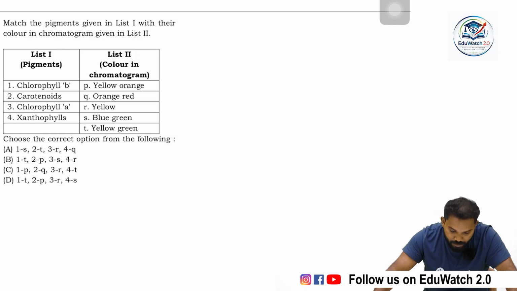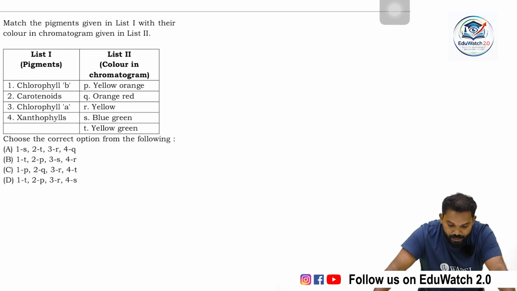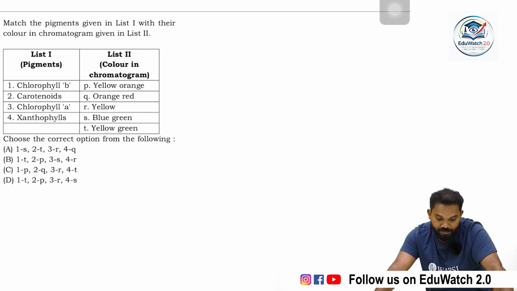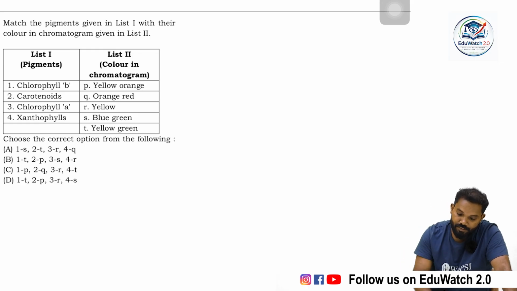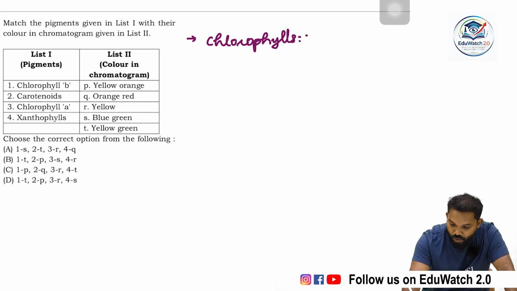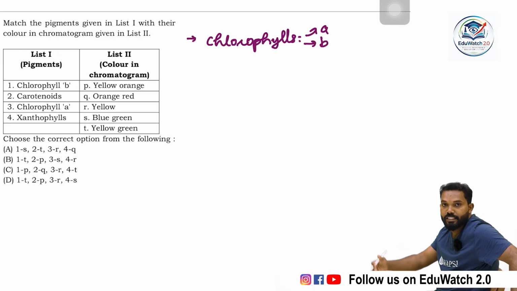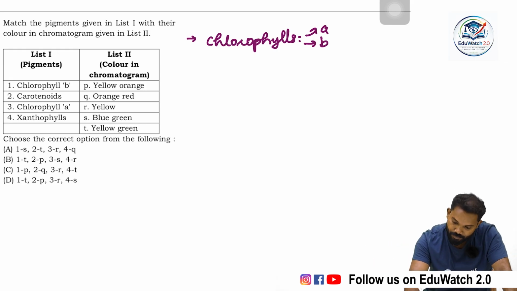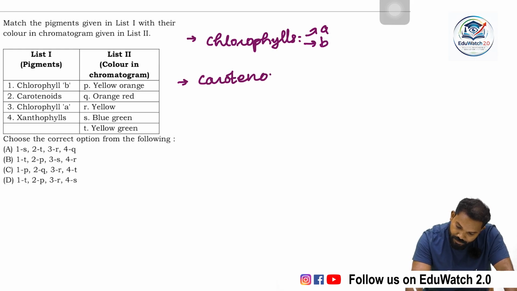The first pigment is chlorophyll B, then carotenoids, chlorophyll A, xanthophylls. Based on the color, there are some pigments known as chlorophylls: chlorophyll A, chlorophyll B, chlorophyll C, chlorophyll D, and also chlorophyll E. Then carotenoids.